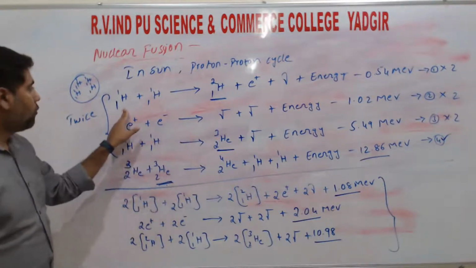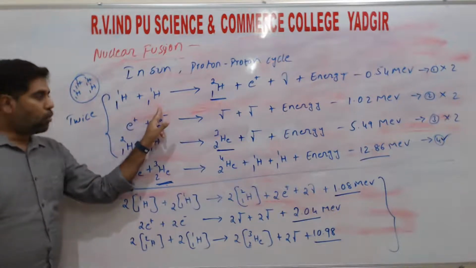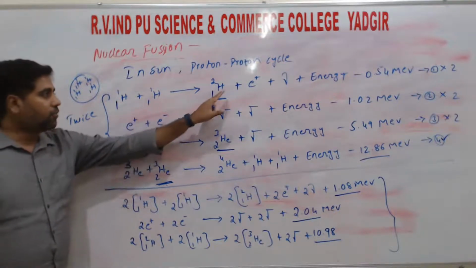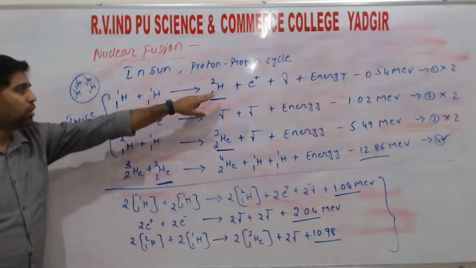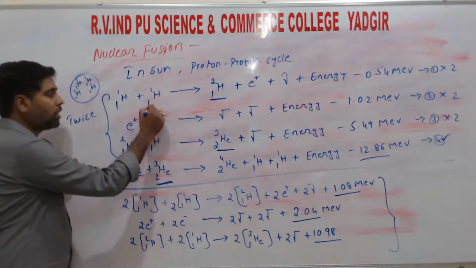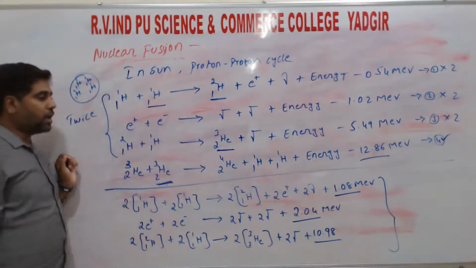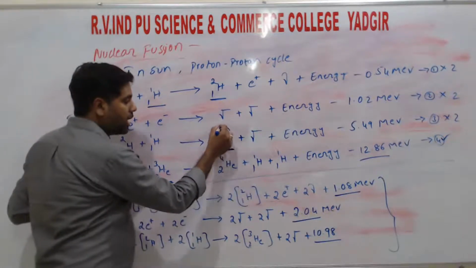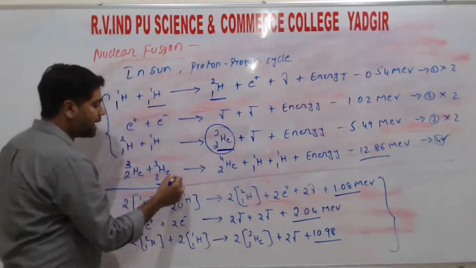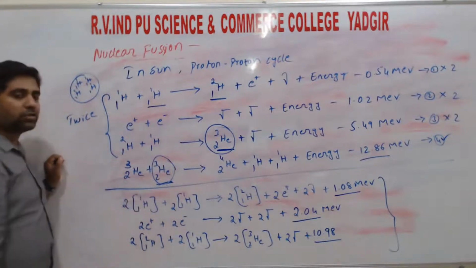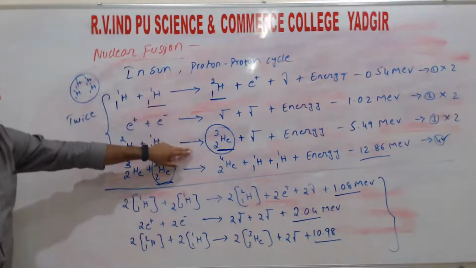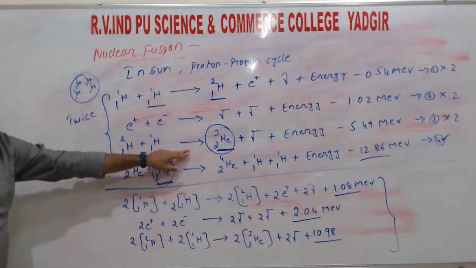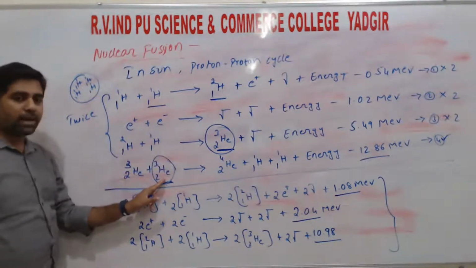As one proton bombards another proton, we get one deuteron. This deuteron again collides with a proton. We get one helium isotope. This helium isotope has to bombard again with the same helium isotope, but here we don't have another helium isotope in this reaction. So for that purpose, we need one more helium isotope.